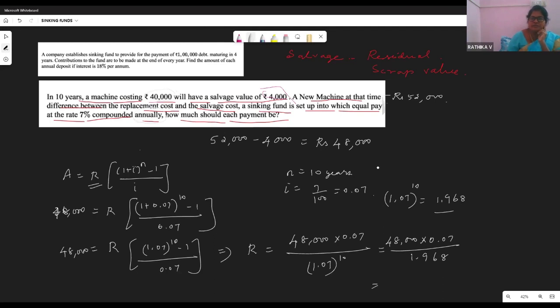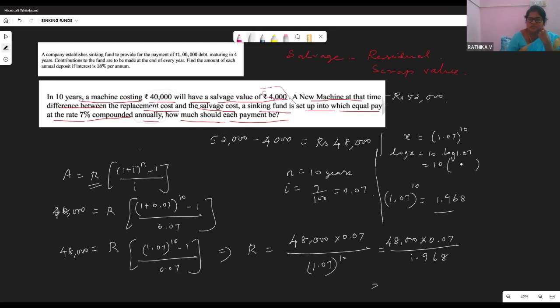If they are not given the value, we have to use the logarithmic table. In the log table, using the concept x is 1.07 the whole power 10, I think everybody knows, not needed. Just showing it: 10 times log 1.07 value to be applied.